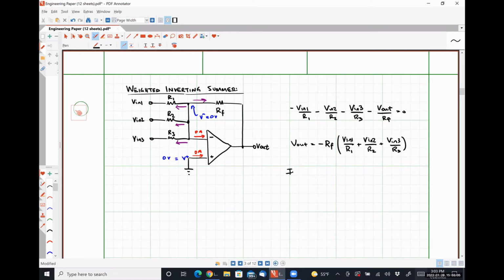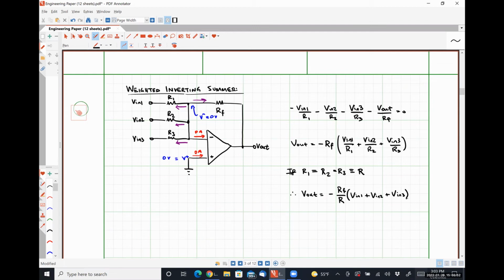So if R1 is equal to R2 is equal to R3, and we'll just call this R, V out becomes negative RF over R times VN1 plus VN2 plus VN3. Any questions on this guy?